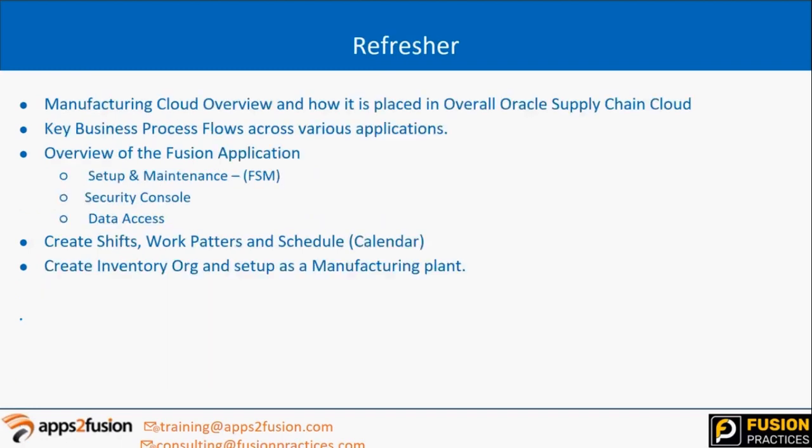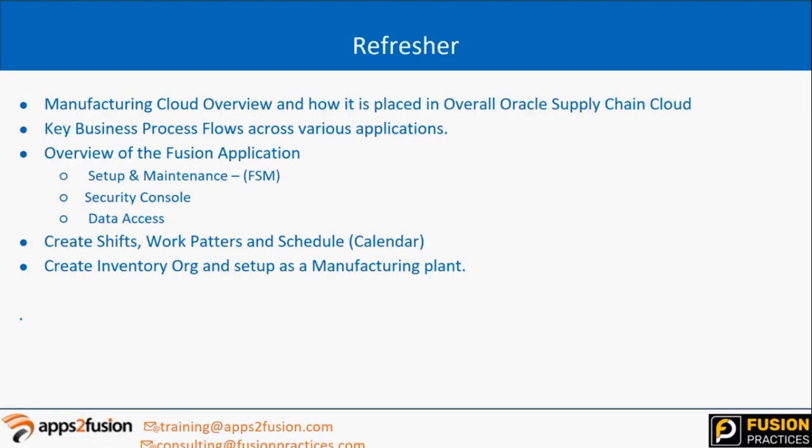Okay. I also like to go over the refresher. Yesterday we had an overview of the Oracle Manufacturing Cloud and how it is placed in the Oracle Supply Chain Cloud and its interactions with various modules. We went over the key business flows which involve manufacturing.